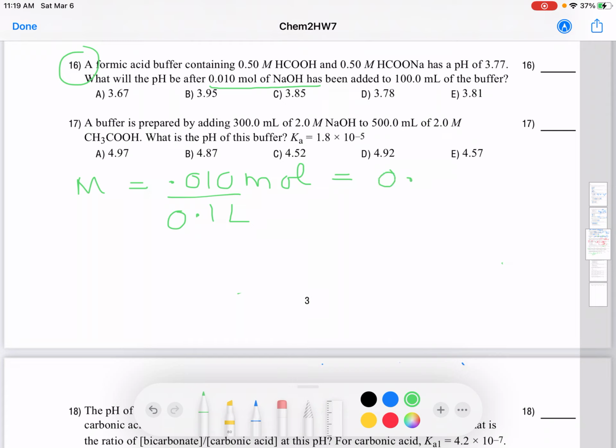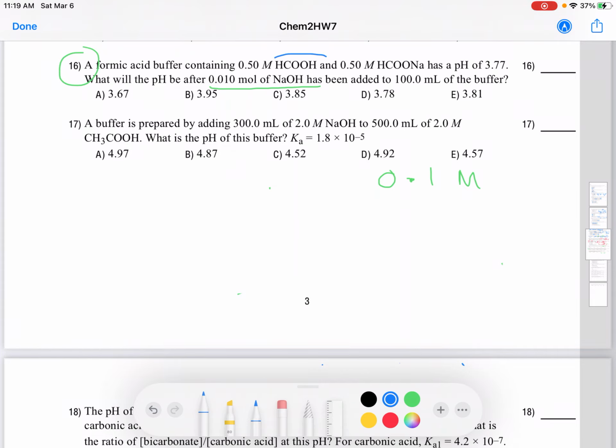There would be 0.1 molar sodium hydroxide. Okay, and then you are adding these 0.1 moles to your buffer system. So which component of the buffer is sodium hydroxide going to react with? We are adding a base. The buffer has formic acid and sodium formate.